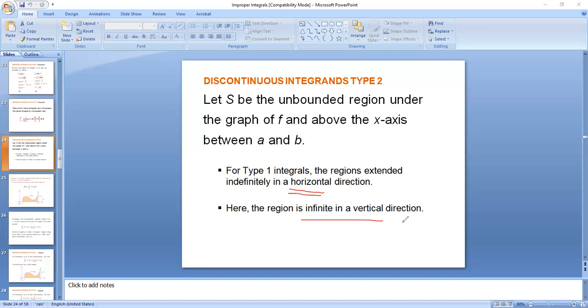This infinite extension of your area in the vertical direction is referring to type 2, because the horizontal direction is for type 1. Okay? The area under the curve is extending infinitely either upwards, in this case, or downwards.